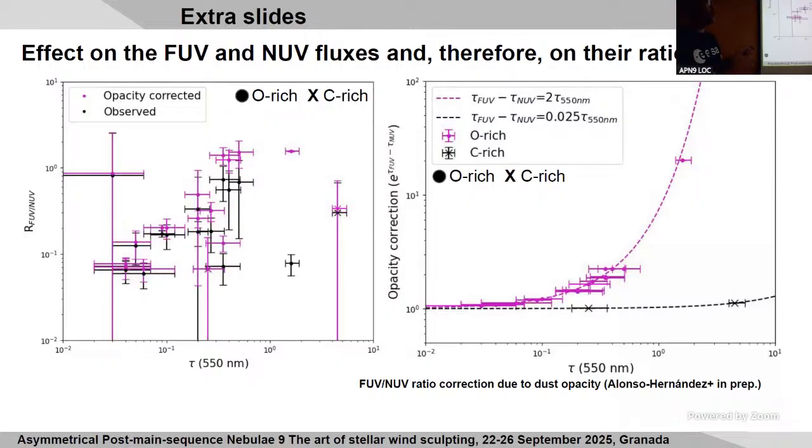This is also very affected by dust attenuation. It is affected differently in carbon and oxygen rich AGB stars, and can produce a significant effect in the observed ultraviolet fluxes. So this is also something to take into account for the characterization of the companion too.